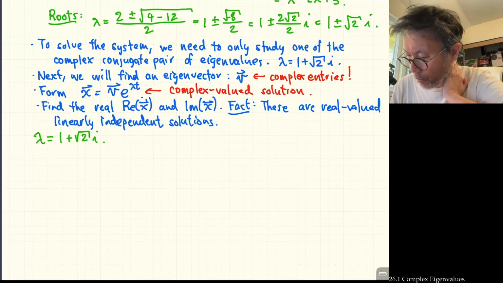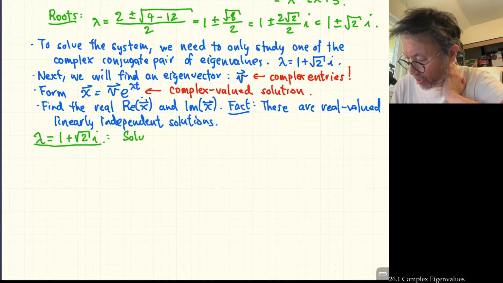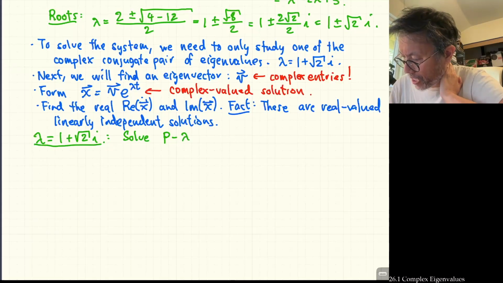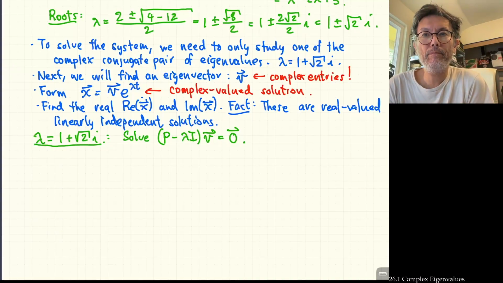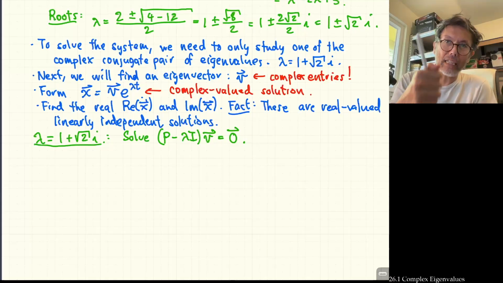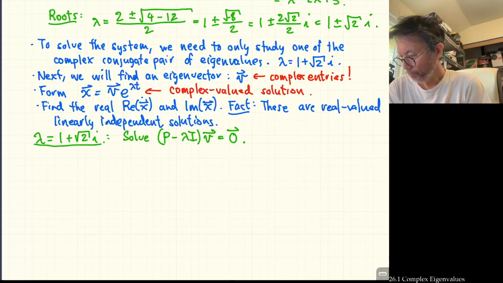So if we look at what we want to solve, remember, we want to solve now the system. We want to know when P minus this lambda times the identity, times v, is equal to the zero vector. We want to find non-zero v which make this happen. If we can find such a v, that's an eigenvector. Well, what is P minus lambda times I?